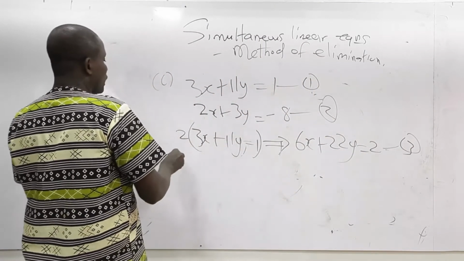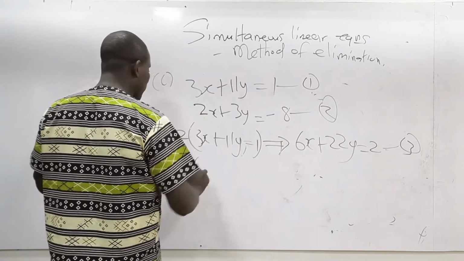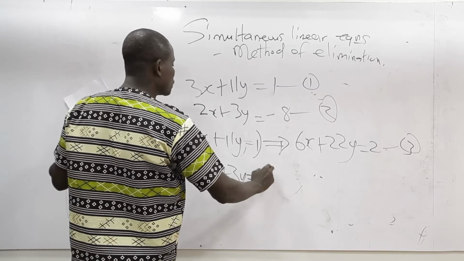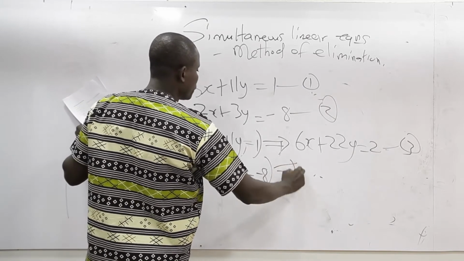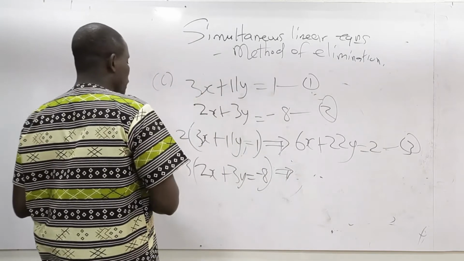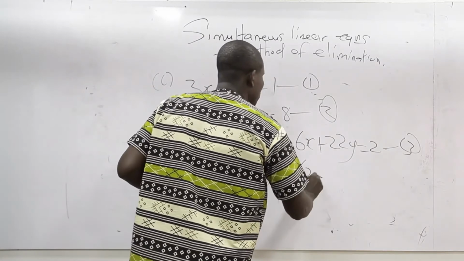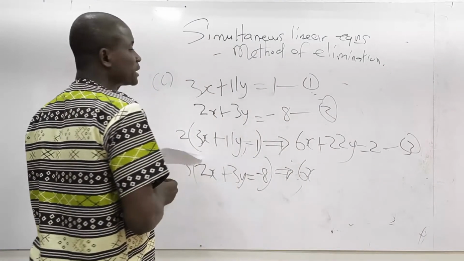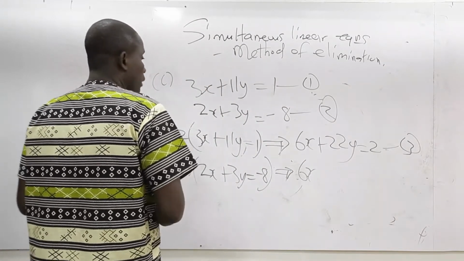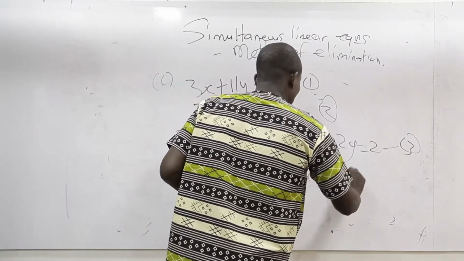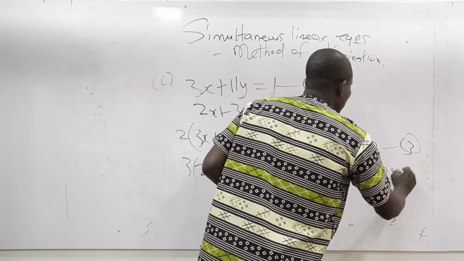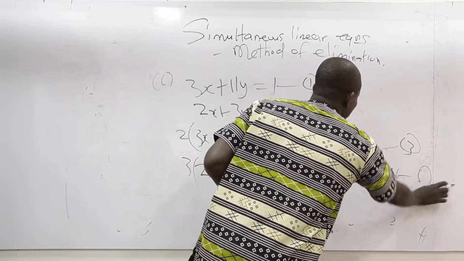Then we are going to have 3 multiplying here: 2x plus 3y is equal to negative 8. So this one also will be 6x. So anytime you read and they don't repeat themselves, then you should know that there is something wrong somewhere. Plus 9y is equal to negative 24. This will give you equation 4.